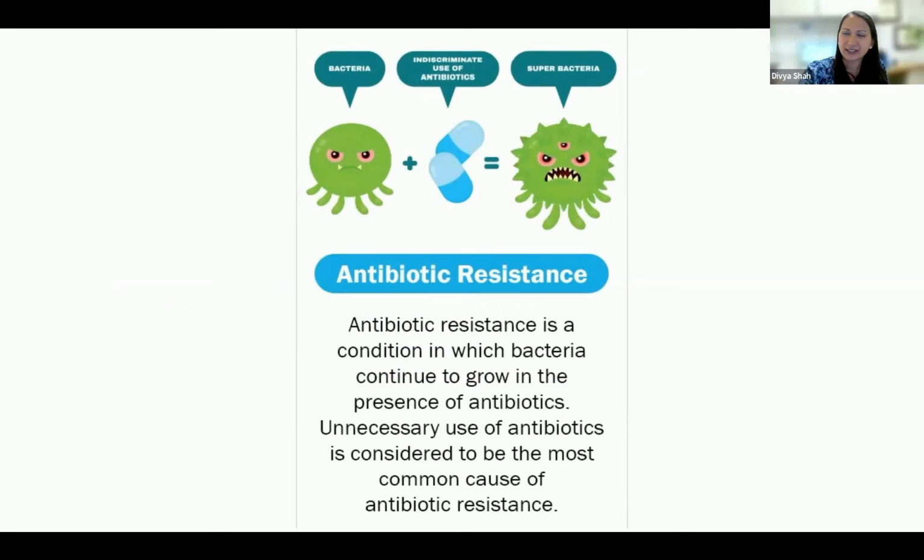You have a normal angry looking bacteria. Then you add that to the indiscriminate or unnecessary use of antibiotics, and you end up getting this very angry looking super bacteria. This is not something we want for ourselves as individuals, for our families and children and communities, and also on a global perspective when we think about global health and population health.